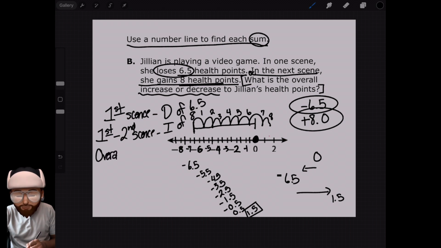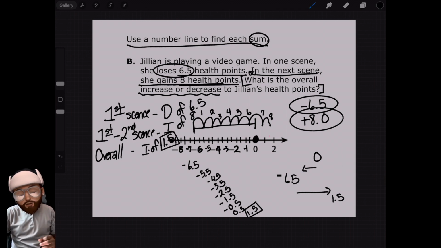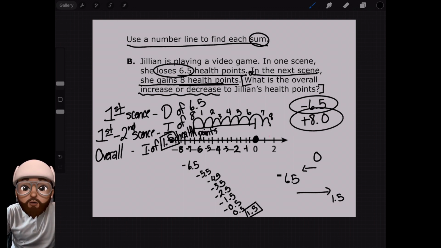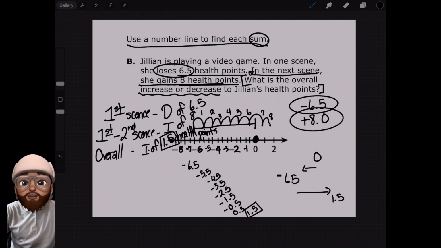Overall, increase of 1.5 health points. And that's an increase of 1.5 health points from when she started. So that's the overall increase.